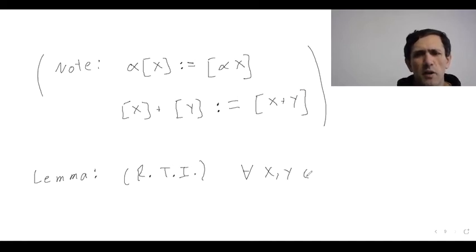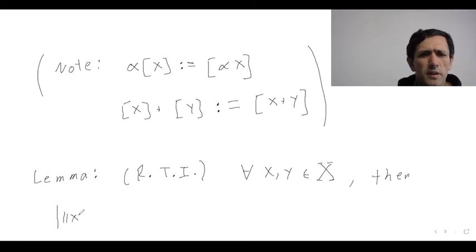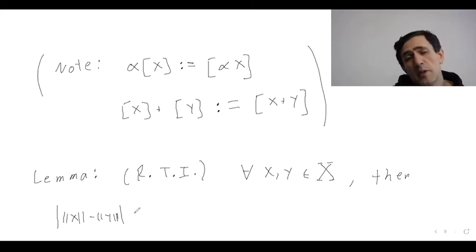So if x and y are two elements in my semi-normed vector space X, then we have the following, which says in particular that norms themselves, or semi-norms, are continuous functions.